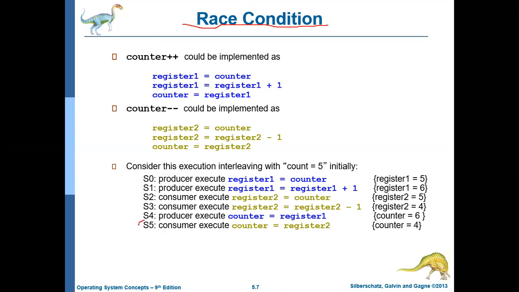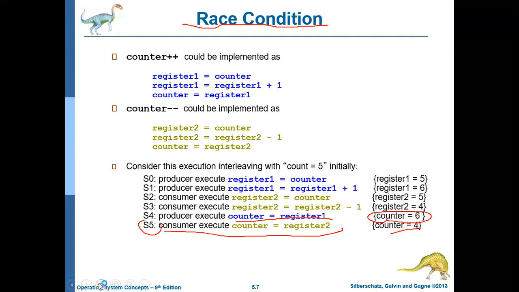If S5 executes last, then counter will end up with 4. If this other instruction executes last, then counter will end up with 6. So whichever instruction executes last will decide the value of the counter.